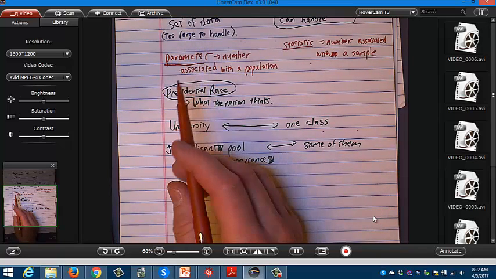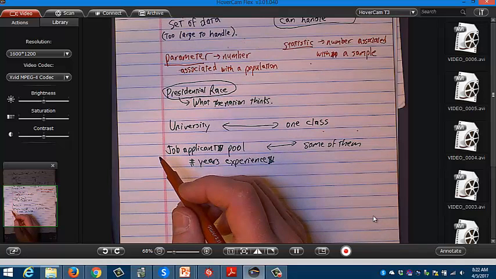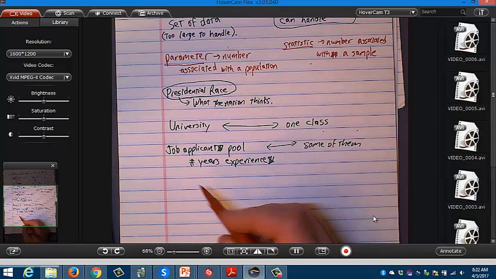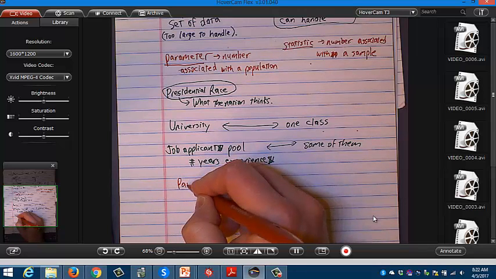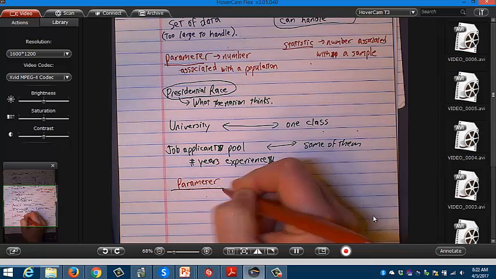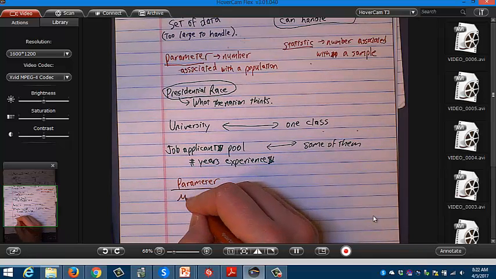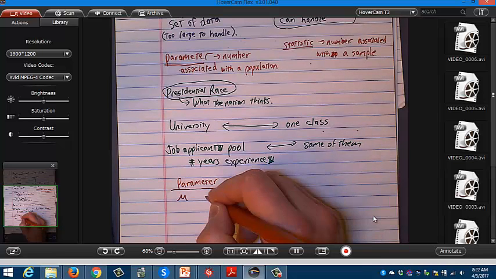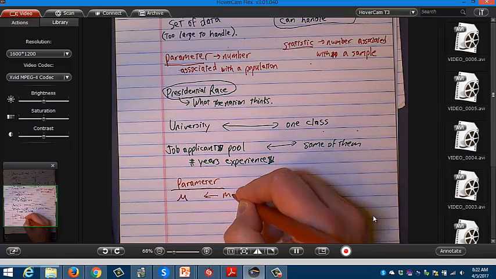Okay? Now, do you remember the Greek letter that we use for mean when we're talking about a parameter? Mu, that's it. Mu. It's the Greek letter M, stands for mean, right? So this is the mean.